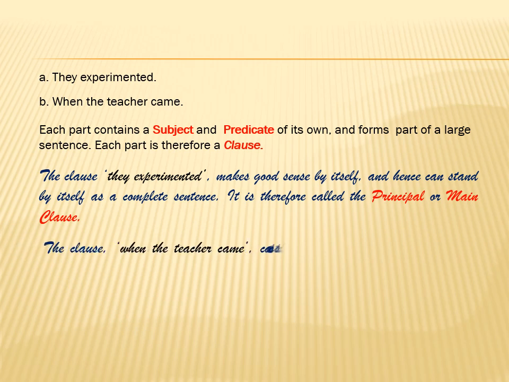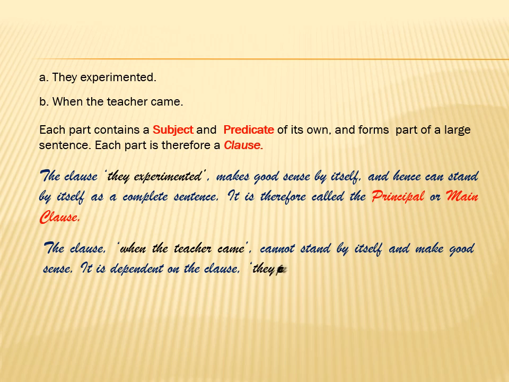The clause when the teacher came cannot stand by itself and make good sense. It is dependent on they experimented. Therefore, it is called a dependent or subordinate clause.